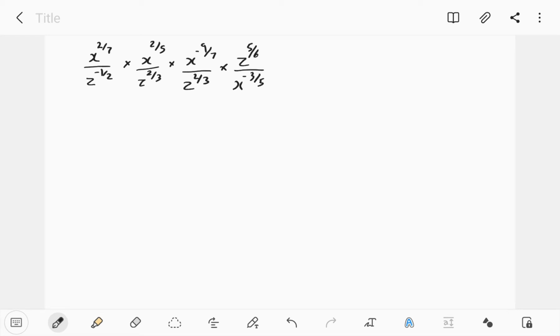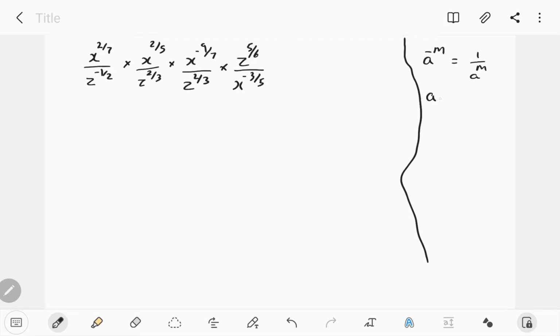Now, the first step in solving this expression is that I would like to bring all the denominators to the numerator. Both the numerator and the denominator involve exponents, so I want to make it an expression involving the product of all the terms in the numerator. We already know this property: a power minus m is equal to 1 by a power m.